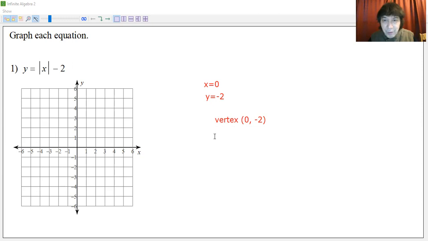All right. So what will be the value of y when x is 1? Okay. So when x is 1, then we're going to have the absolute of 1, which will give us 1 minus 2, which is negative 1. Okay. So the next point is like this.